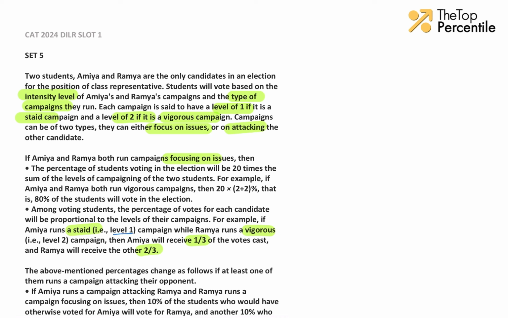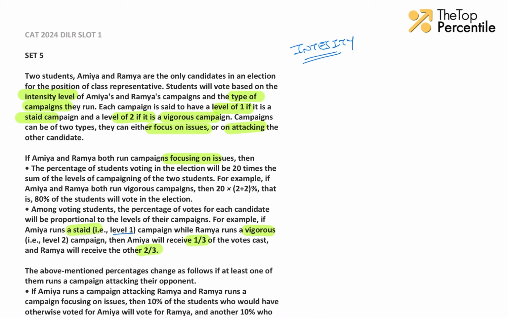If the intensity level is 1 and it's 2, how will the voter turnout change? So first, let's try to capture data related to intensity levels.